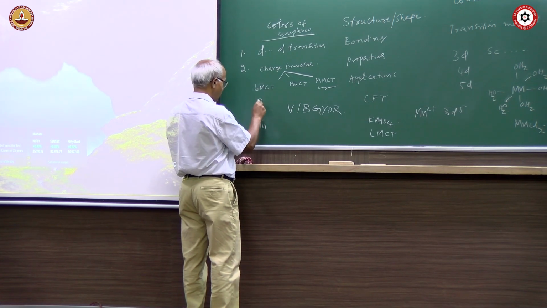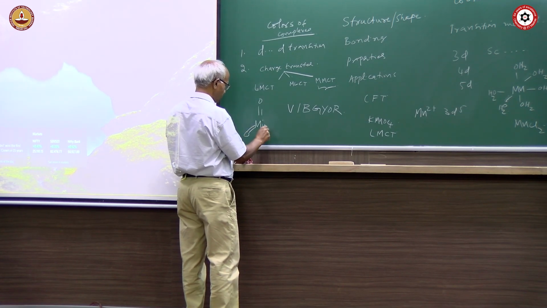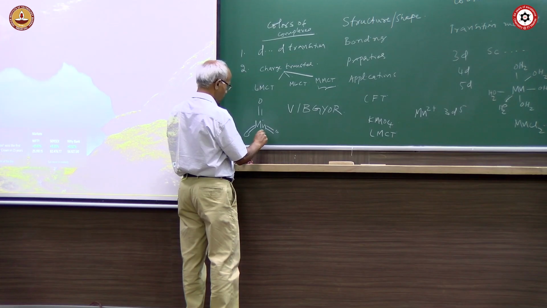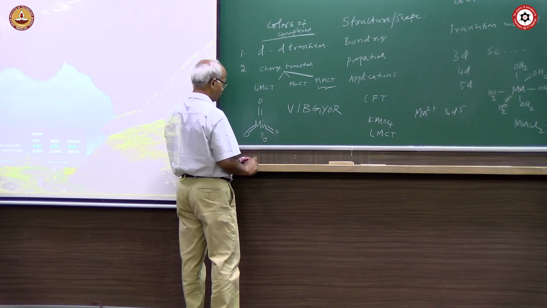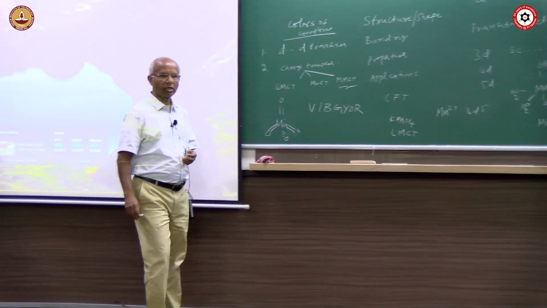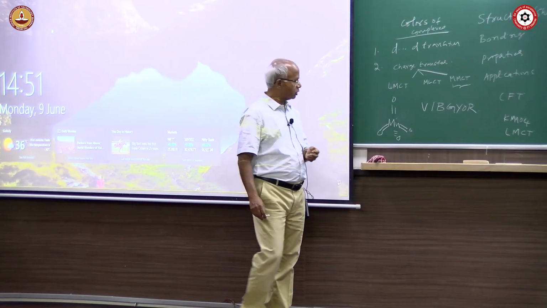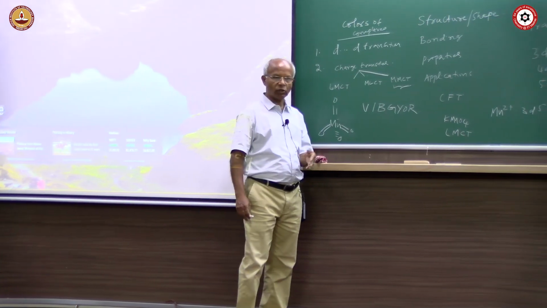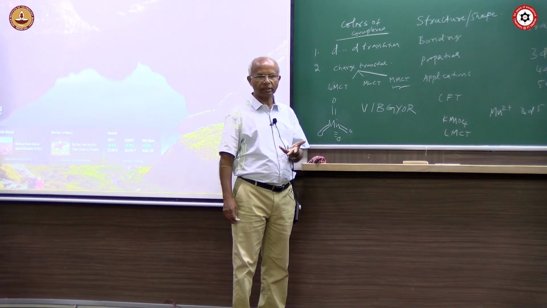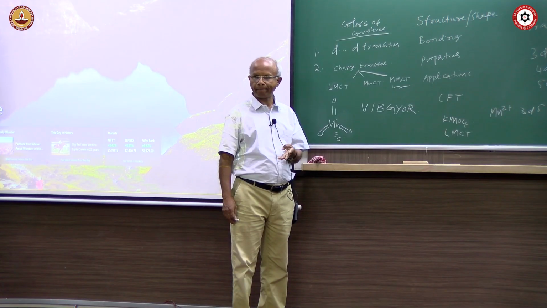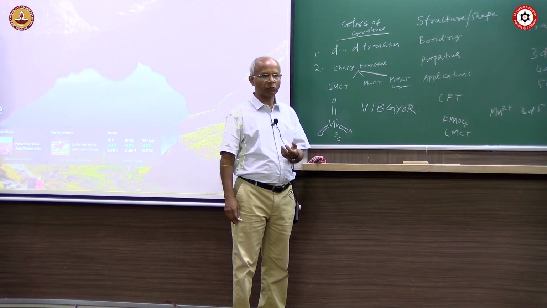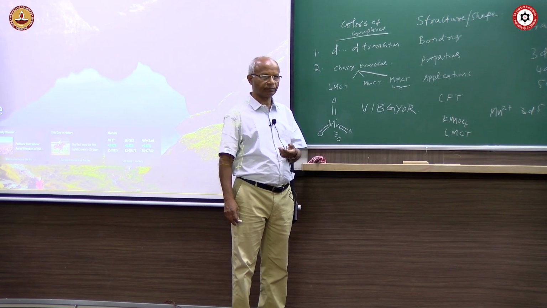So, tetrahedral geometry means, so that is the permanganate. So that means oxide is a ligand. So how do you obtain the oxide ligand? Where is the oxide ligand coming from?